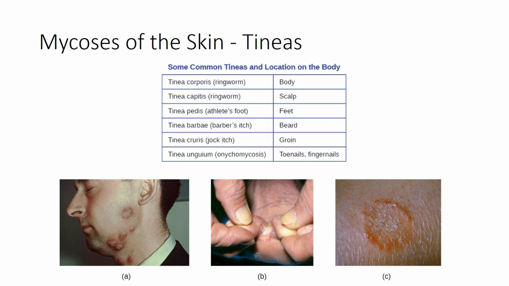These particular types of infections are what we call ringworms. Ringworms are not worms. Tinea corporis and Tinea capitis are fungal infections of the body and scalp. Something we call athlete's foot and jock itch are also Tineas, the same group of fungus that causes ringworm.